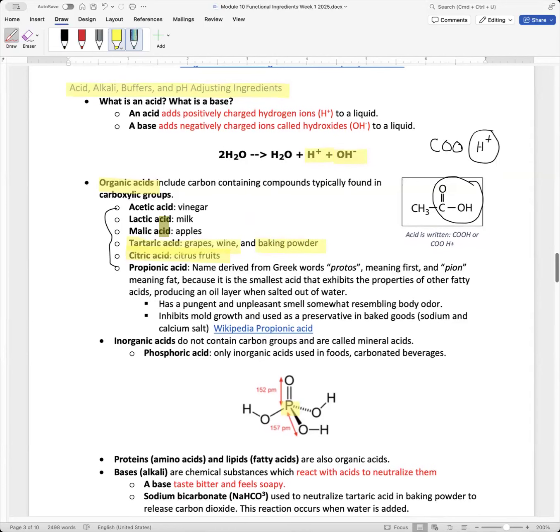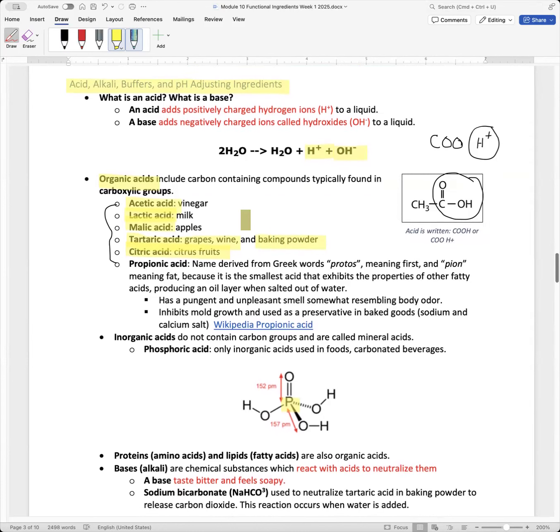This one is a little more obscure, malic acid in apples. Lactic acid comes from the word lactose for milk, and acetic acid is vinegar. So if you just look at them a little while, you probably figure it out.